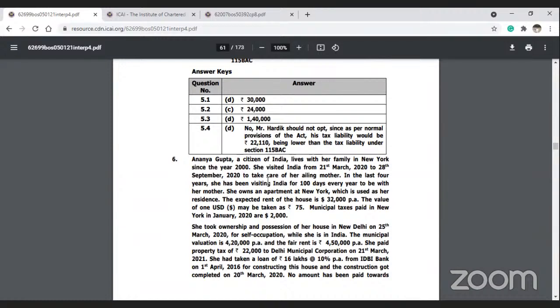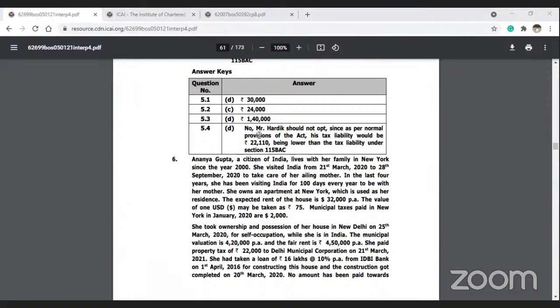It does not satisfy the first basic condition, so we'll be checking the second condition. The second condition is 60 days in the current PY and 365 days in the last 4 preceding years.